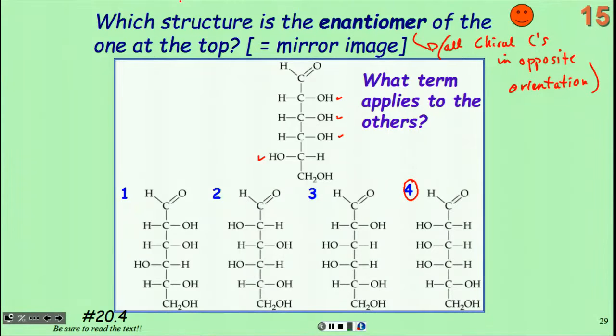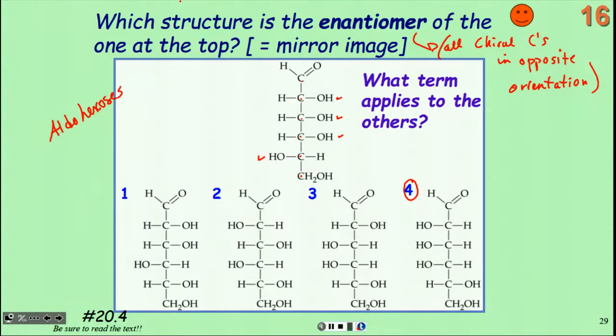The rest of these are still all related. All of these compounds, all 5 of them, are aldoses, right? They all have 1, 2, 3, 4, 5, 6 carbons. If you look at them, they have an aldehyde at the top, CH2OH on the bottom, and 4 chiral carbons in between. So they're all aldohexoses.